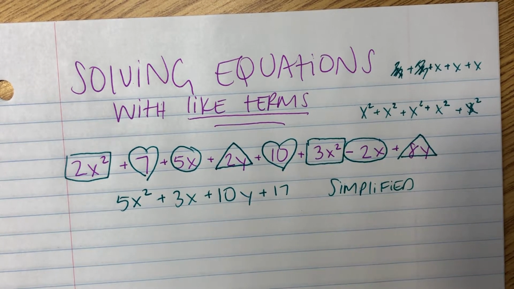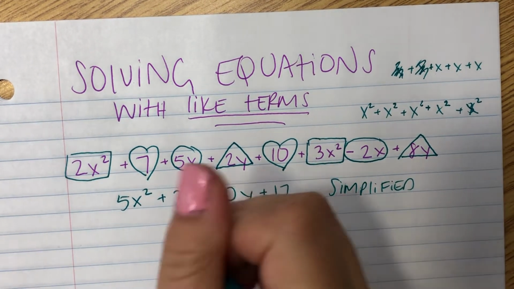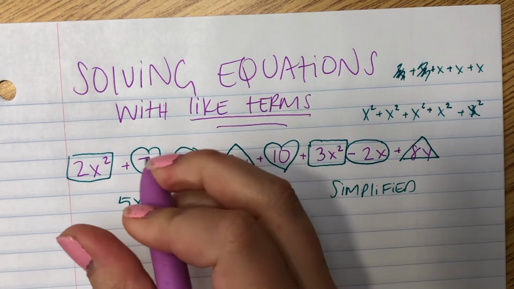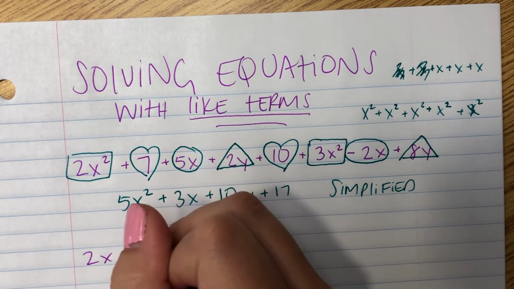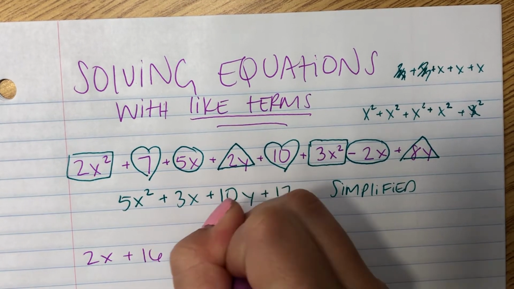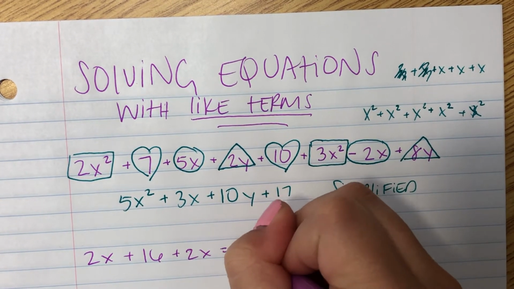So if we do have an equation where it's actually wanting us to solve, for instance, let me use the other pen. And you can write these down with me.